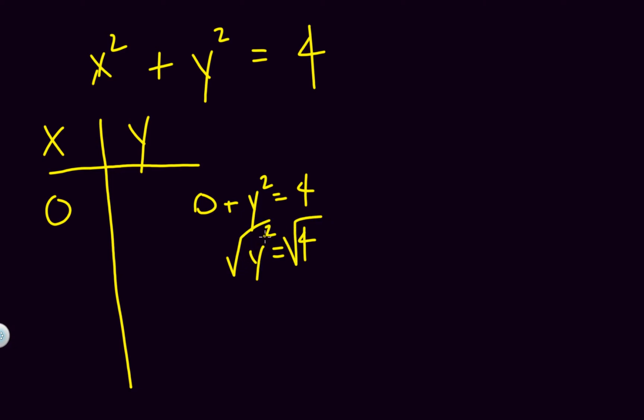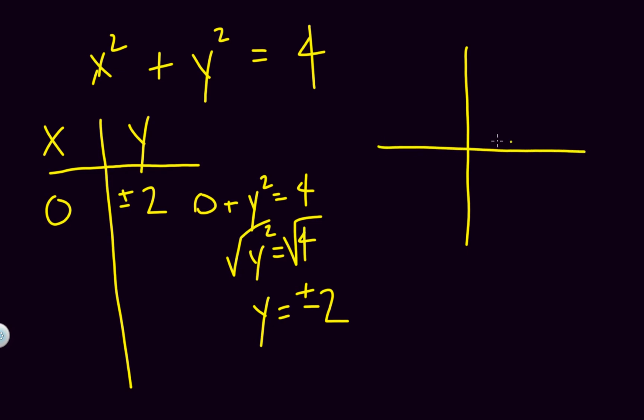Whenever we're taking the square root of a squared variable, you've got to remember that you want to take the positive and the negative. So we've got 2 points here, actually. We've got 0, positive 2, and we've got 0, negative 2. So let's sketch this out here.